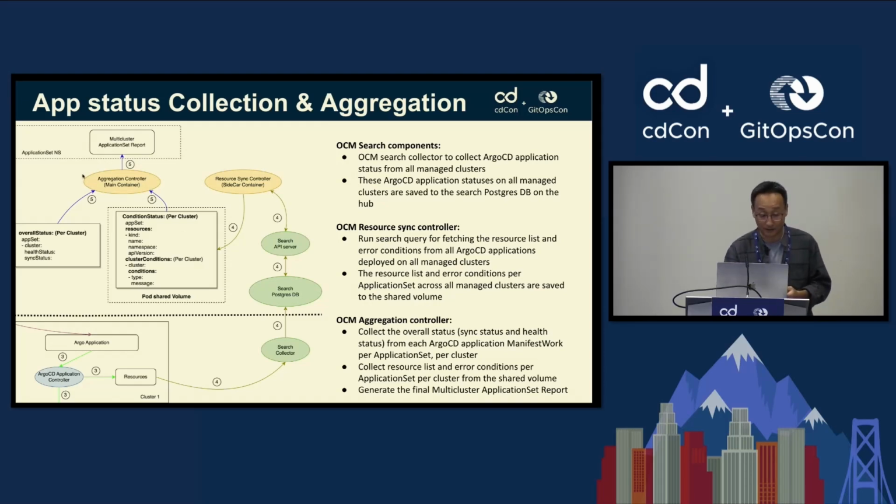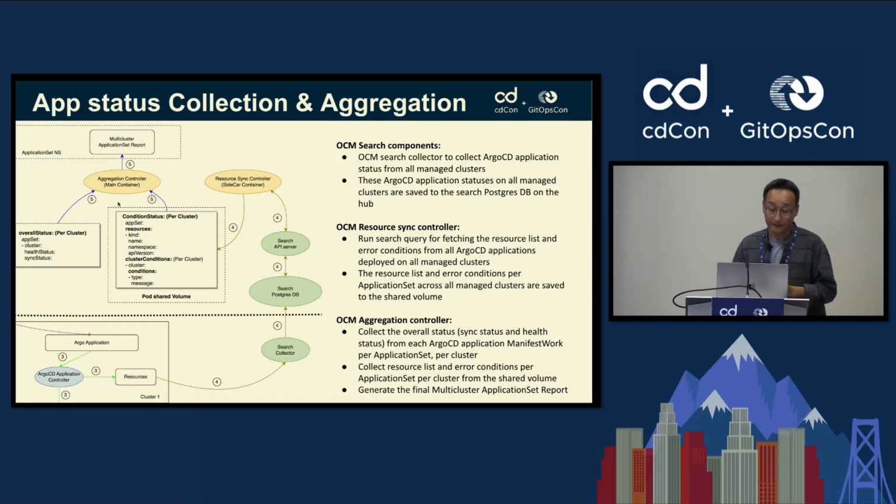From here, this aggregation controller also combines two statuses. It fetches the overall status from the manifest work, which I just showed. We specify the JSON path to fetch the overall status, including the health status and the sync status.